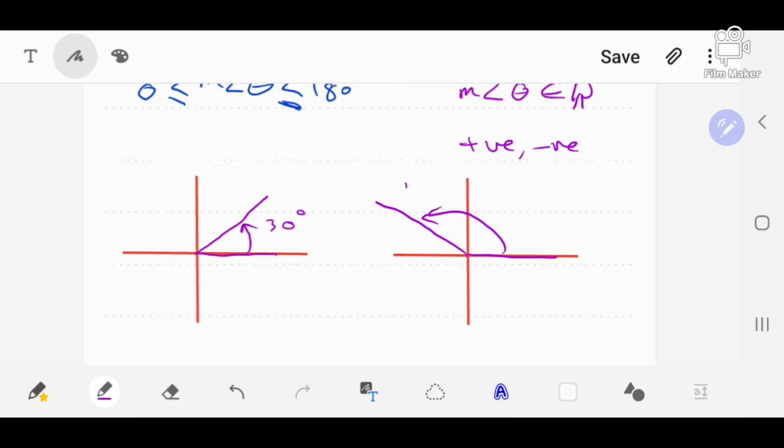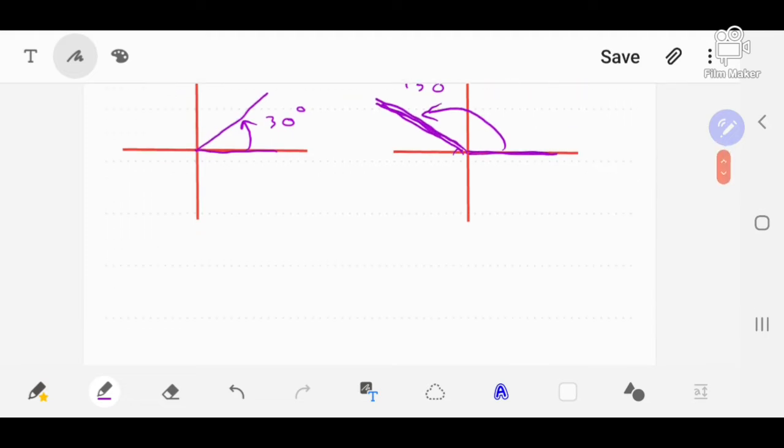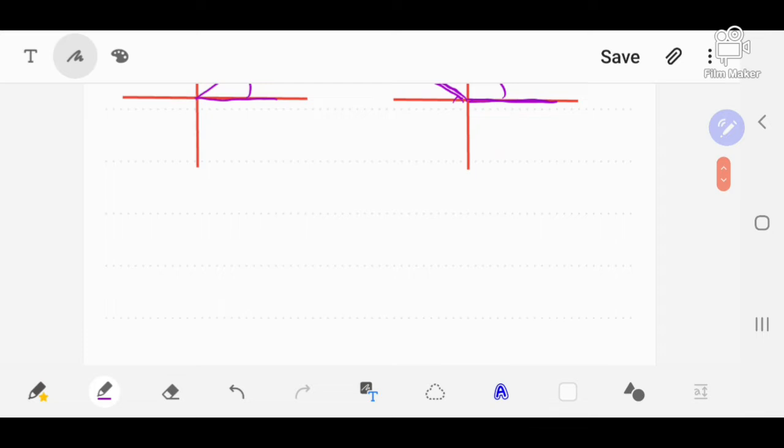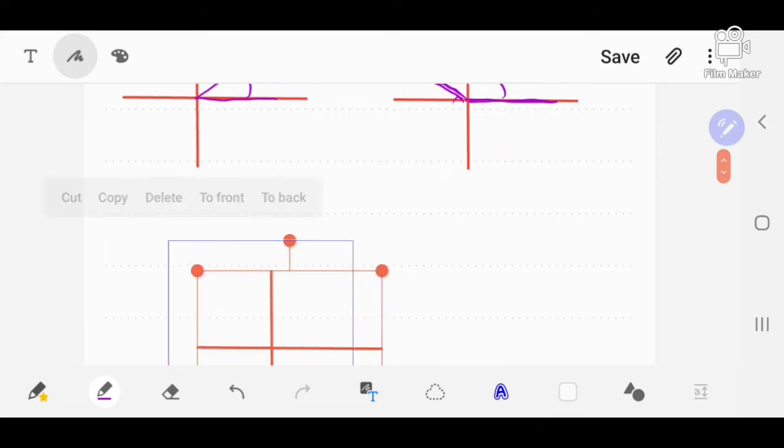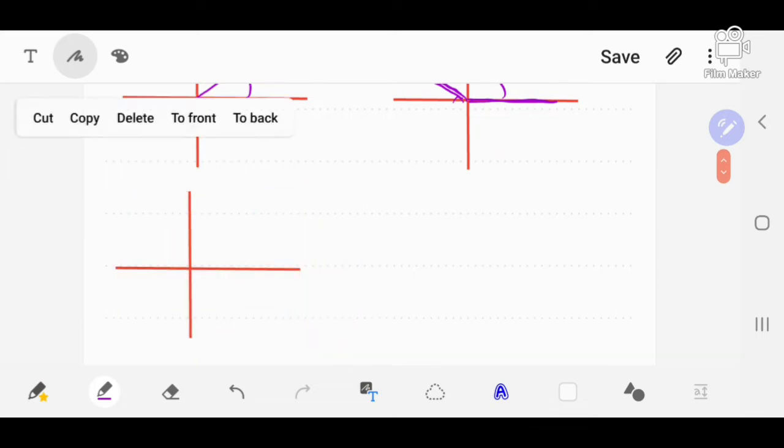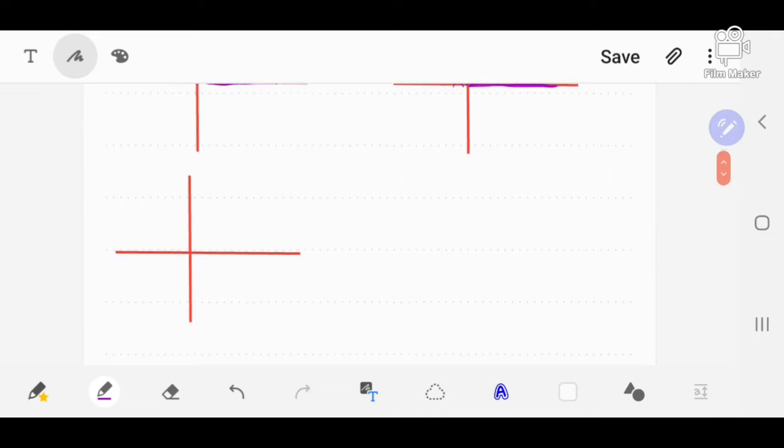Remember, we have initial and terminal side. Okay, I can draw more than 150, which is one of the differences that we said, more than 180. So again, you start from initial, move counterclockwise until you reach here. For example, let's say this is 210 degrees. So now we moved more than 180.